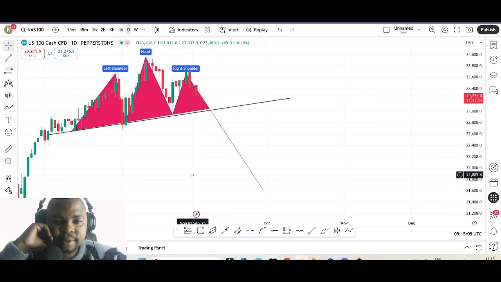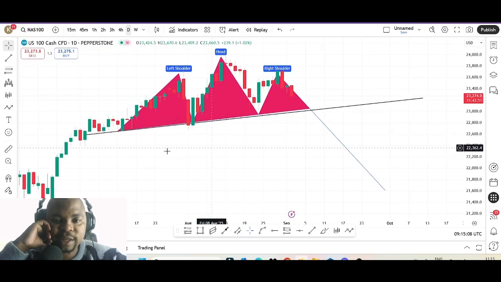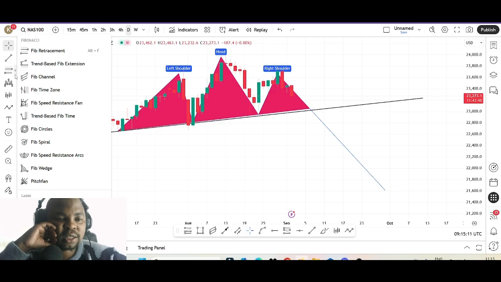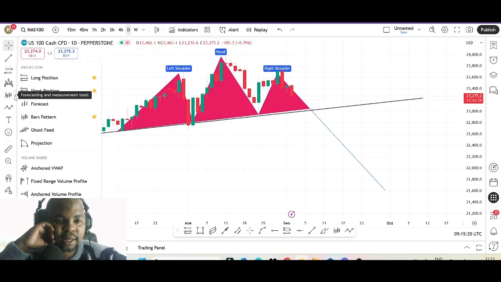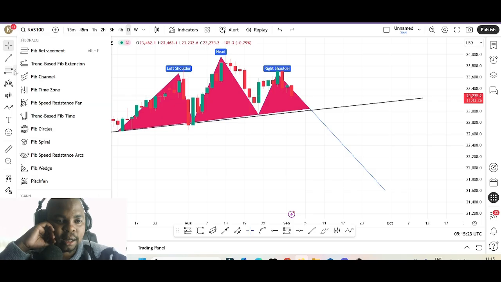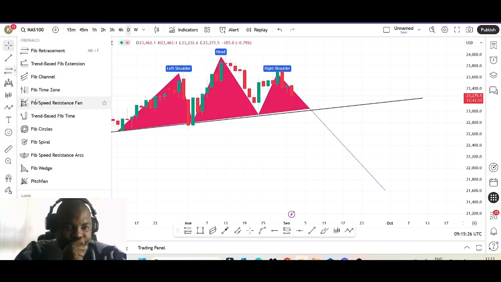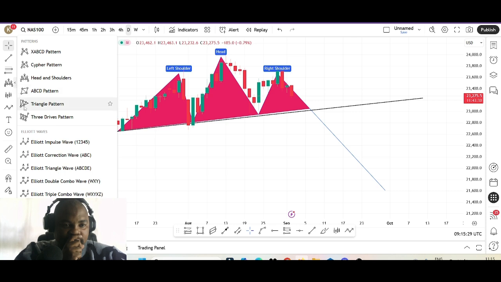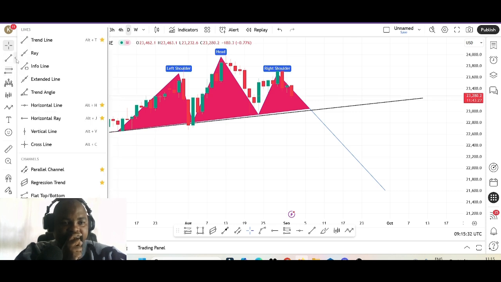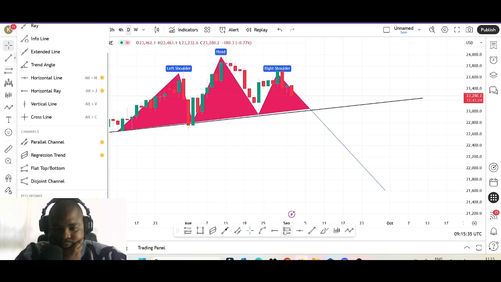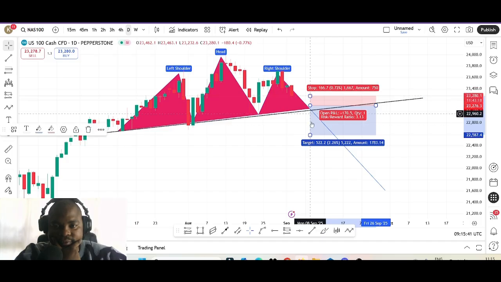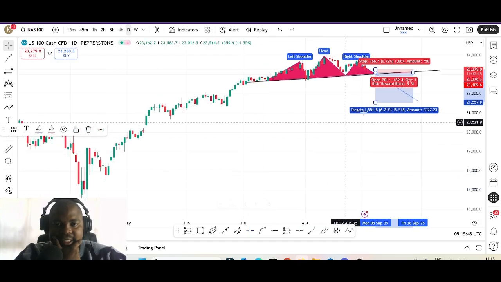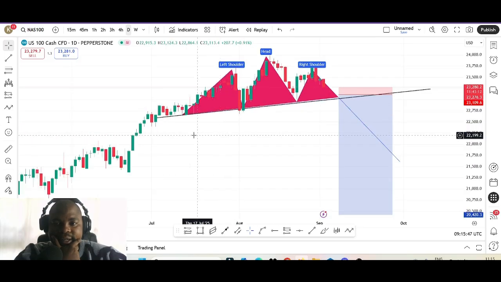So most of the time when it's like this, I know that they always say in the books that you must take action straight up on the neckline like this. You must start selling on a neckline.